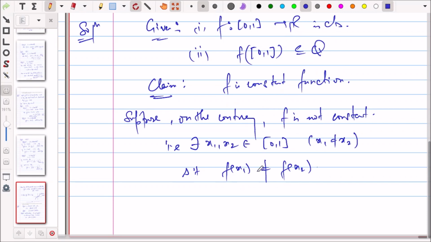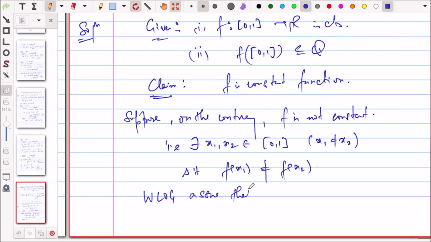Since it is not constant, there must exist at least two points at which the value of the function differs. So we have got two points x1, x2 at which the value of the function is different. Now, without loss of generality, we can assume that f(x1) is less than f(x2).